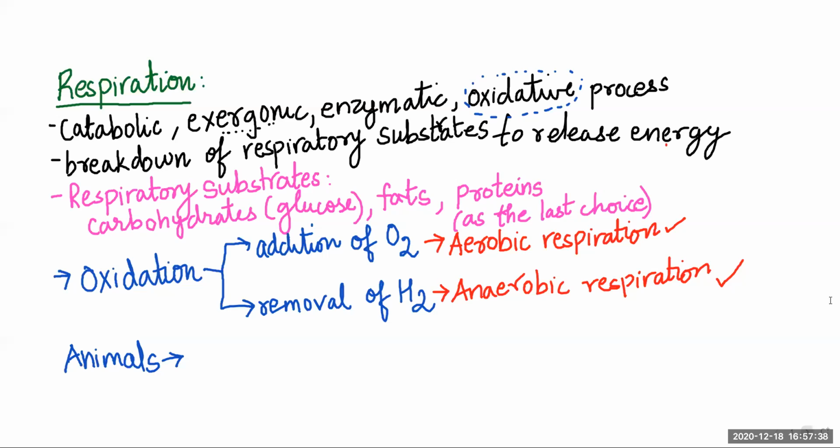That's correct. Animals have aerobic respiration. You will not find a complete animal which is an anaerobe. A few cells, like muscle cells and RBCs, may be facultative anaerobic. So we can't say, Niranjan, it depends on the situation. Animals are aerobes. So we are going to study respiration in animals.